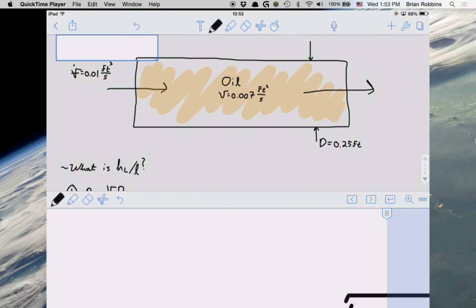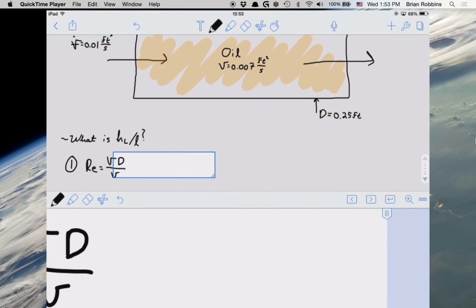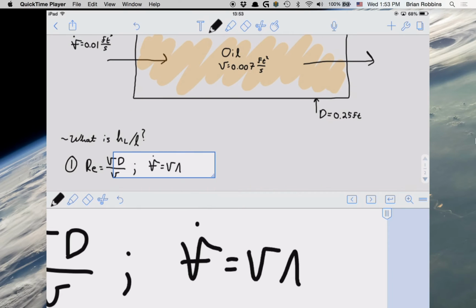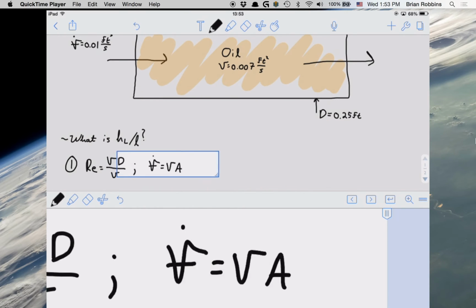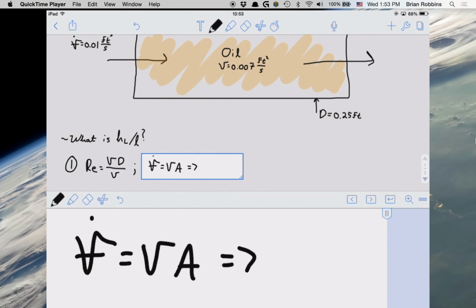So we have to use the definition of the volumetric flow rate to help us calculate the velocity and therefore the Reynolds number. We know that the volumetric flow rate is the velocity times area. If we solve this for velocity, we get the volumetric flow rate divided by area.